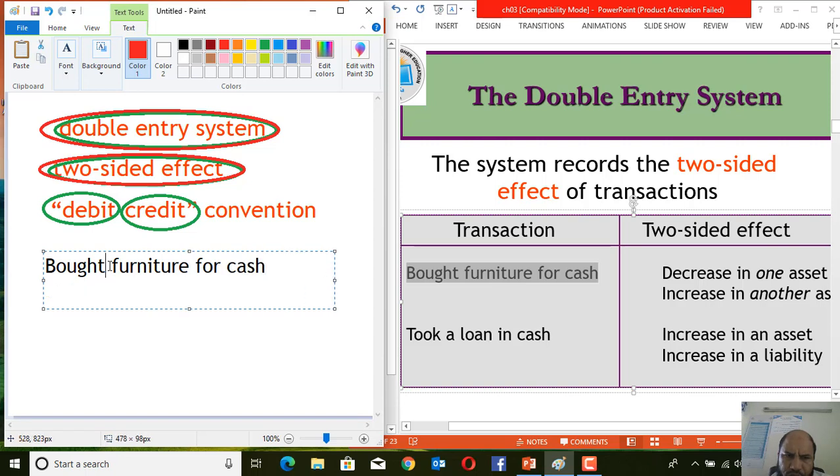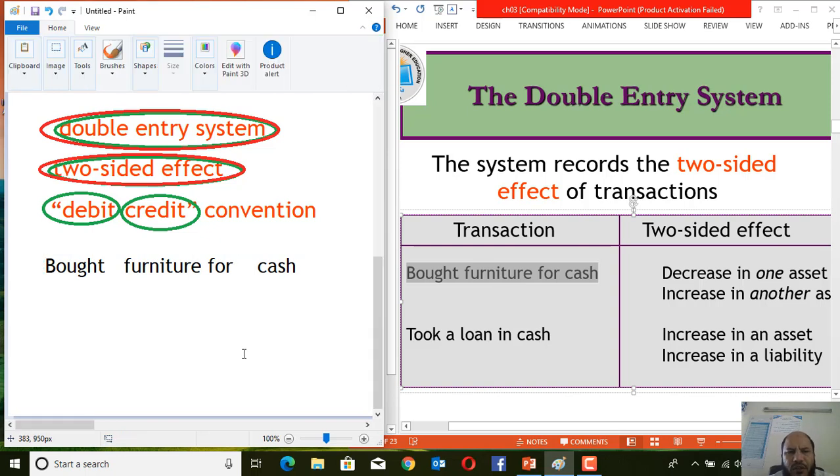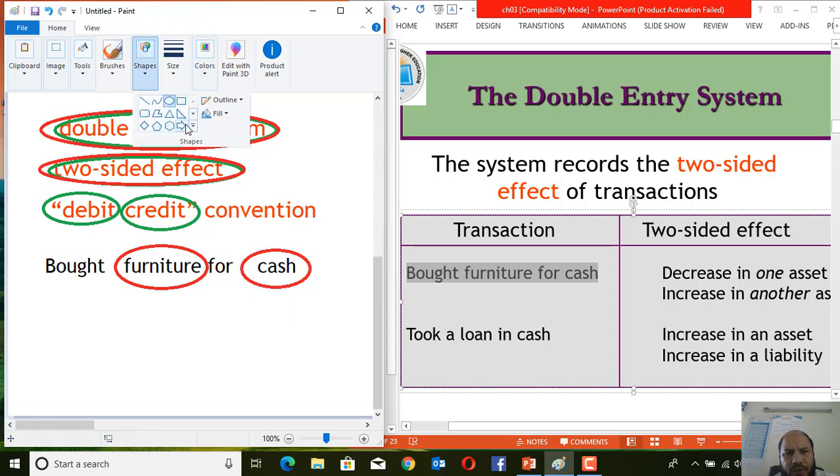So see, dear students, in this case the company bought furniture for cash. The first thing we find is an increase in the furniture account, and second, a decrease in the cash account. Two activities happened in this business.